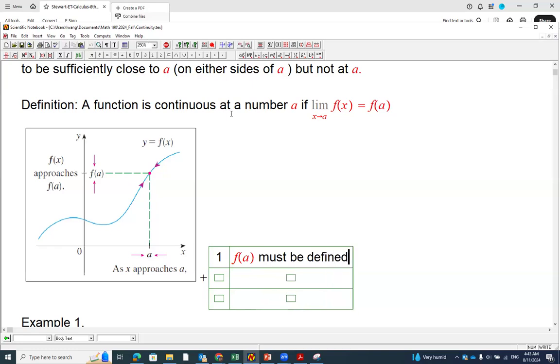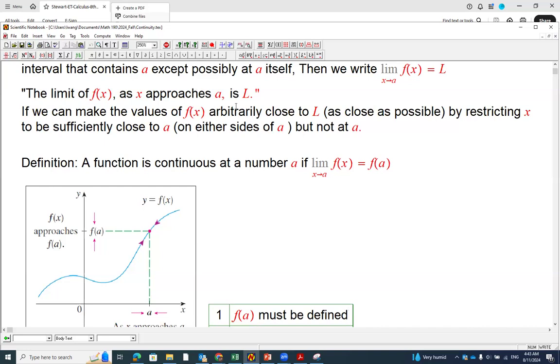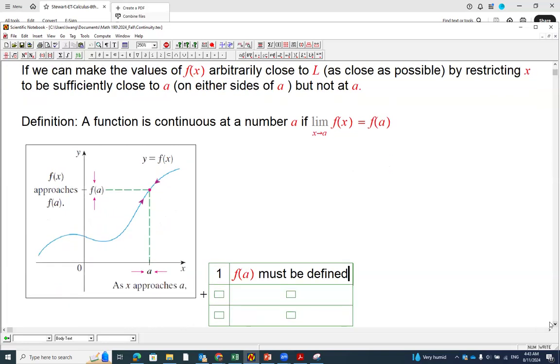So unlike in the limit case, whether the function is defined at A or not doesn't matter, because we only concern the function value in the neighborhood of A, except A. So A is not included in the consideration of evaluating the limit.